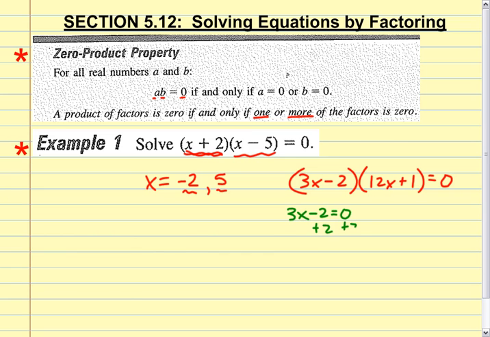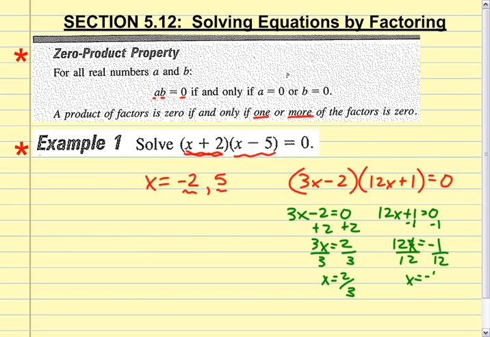Plus 2, 3x is equal to 2, divided by 3, x equals 2/3. Now I want to know what 12x plus 1 equals 0 gives. Subtract 1 from both sides. 12x equals -1. Divide both sides by 12. x equals -1/12.